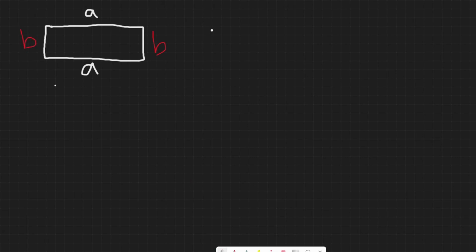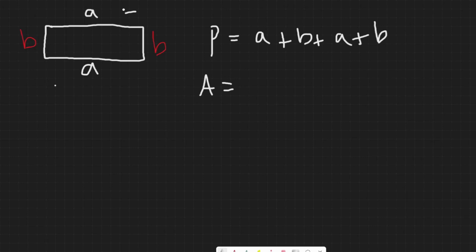Cool. The perimeter of the rectangle is basically, again, it doesn't matter what shape you have, you add the length of the sides. So A plus B plus A plus B. The area, exactly like square, we multiply this side by this side, A times B.